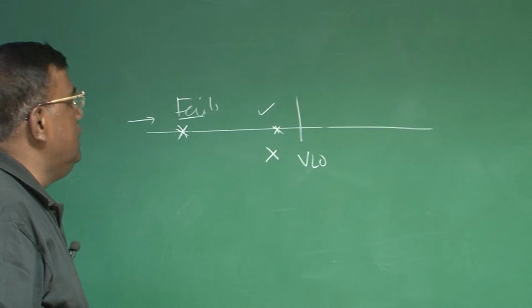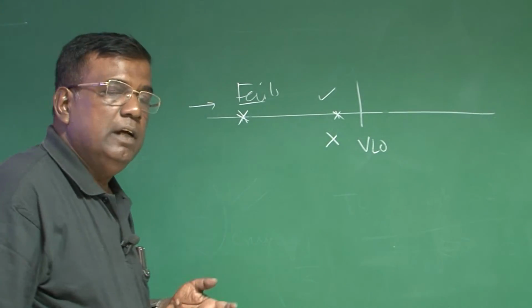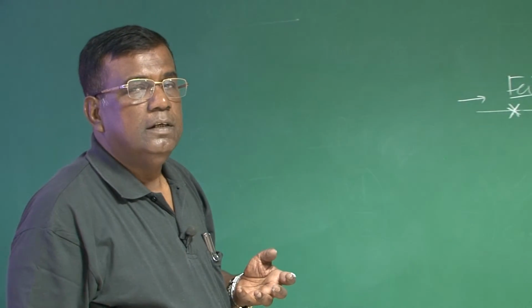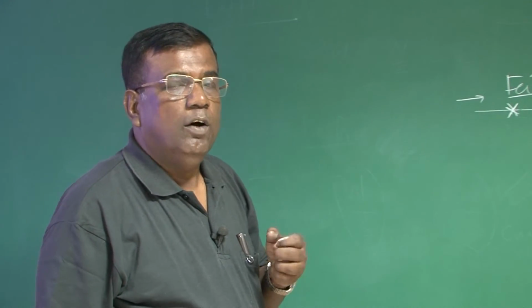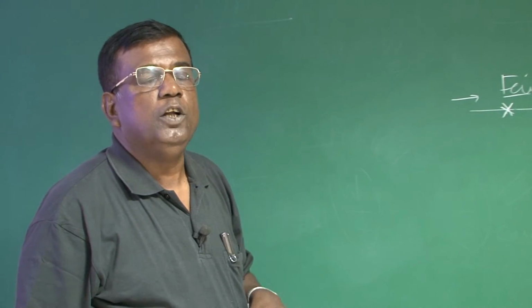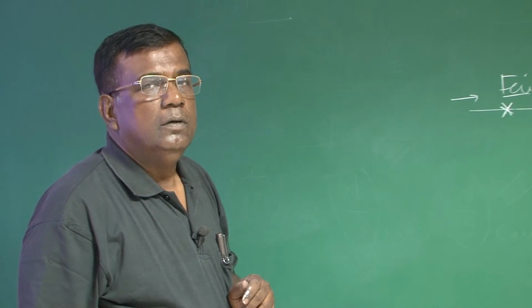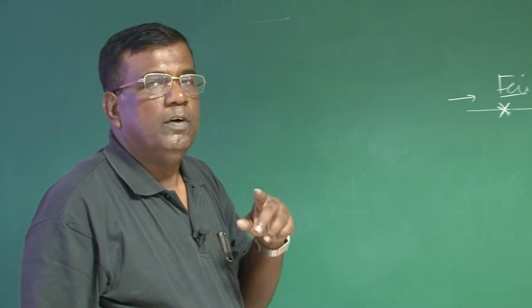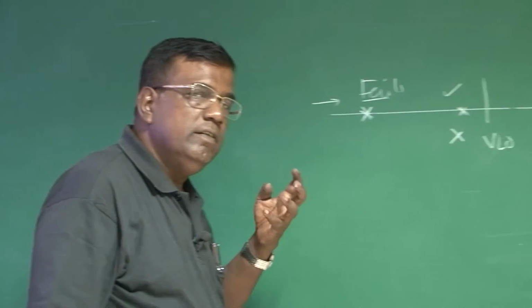So the question is, what is that speed at which, if the engine fails, I should either apply brake or continue takeoff with a lower rate of climb, go for a circuit and come back?